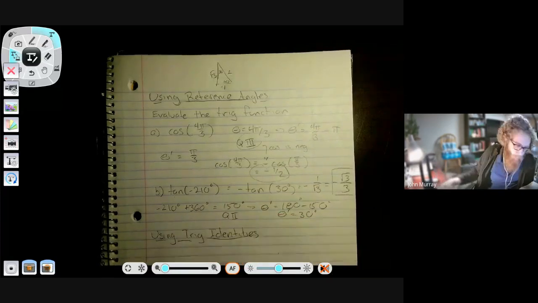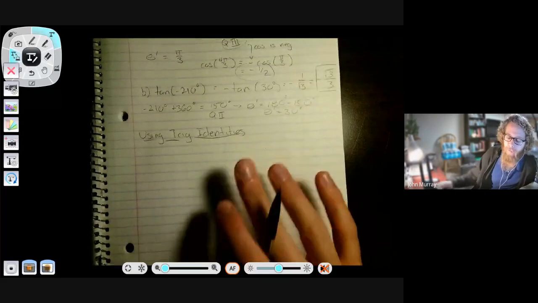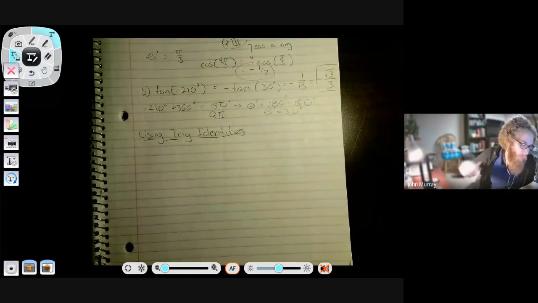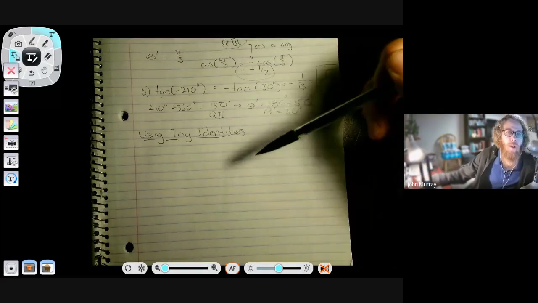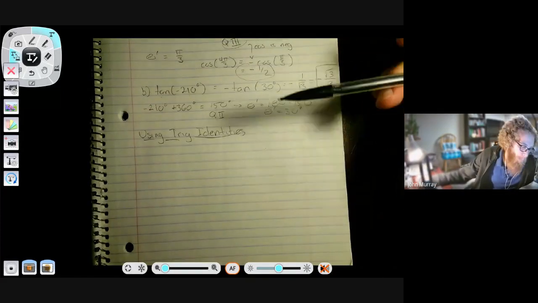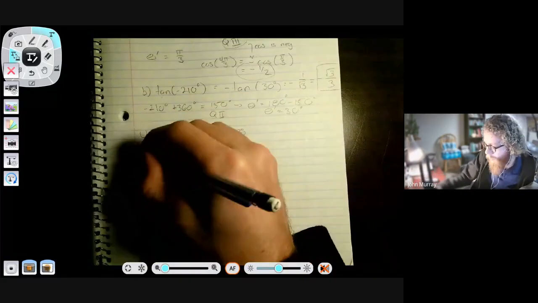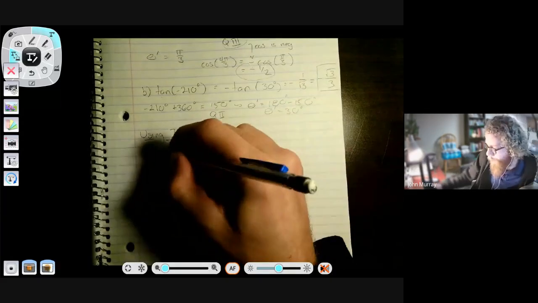All right, moving on, since I've heard no qualms. We may be asked to combine everything. We could also use the trig identities that we learned to help us solve problems. This would be an example that you might see. It's a little more in-depth.